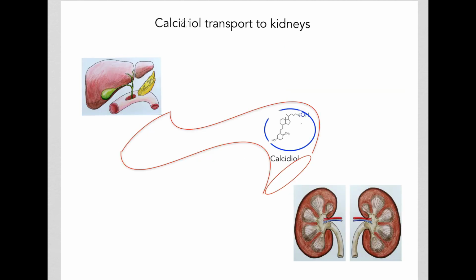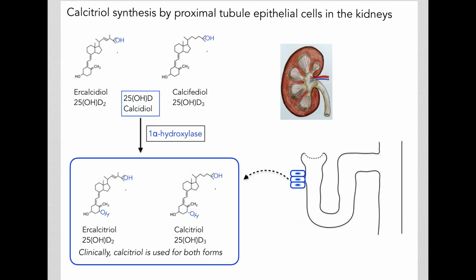In the next step, the calcidiol from the liver is transported to the kidneys. Now, in the kidneys, the enzyme 1-alpha hydroxylase will convert calcidiol into calcitriol.